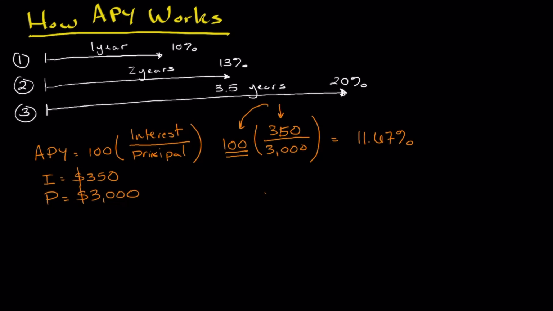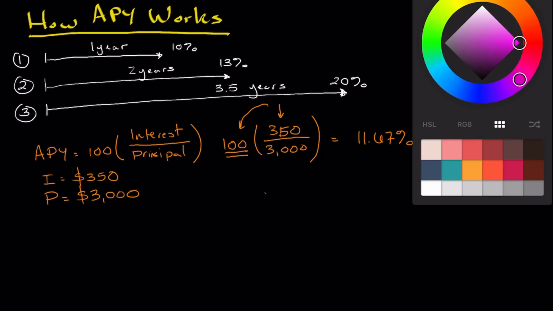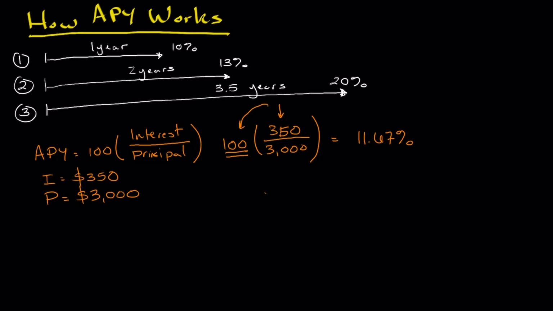So this is how we calculate APY for a year period, but this isn't necessarily going to be helpful if we have multiple different returns and there are different time periods as well. So for that, we're going to introduce a different formula. And this one's going to be a little bit more lengthy, but we'll walk through it. There's a couple of extra steps, but it's really not too complicated.